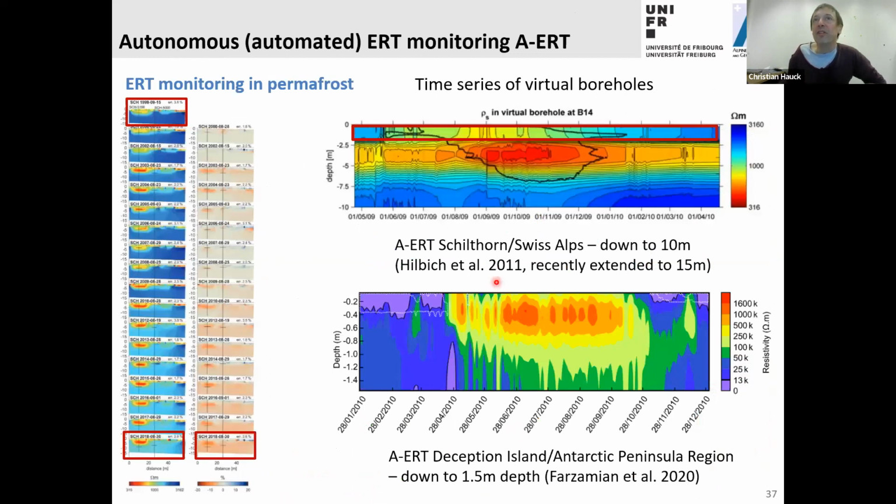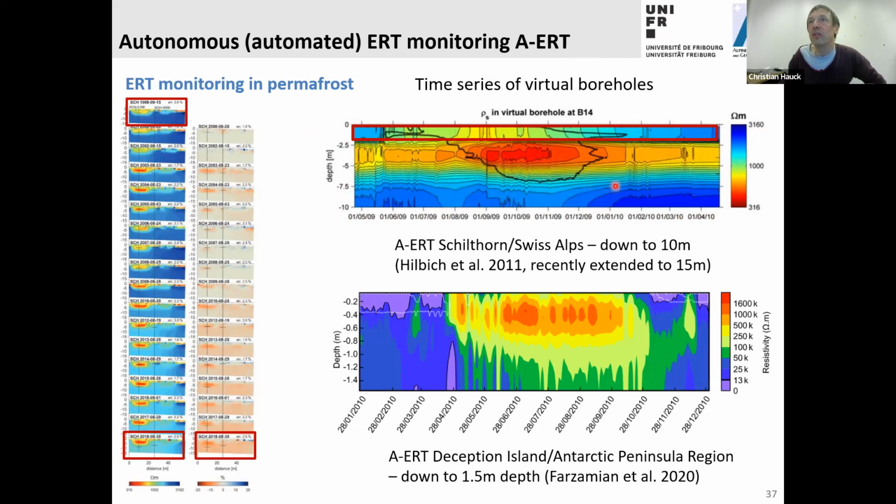Now, what's the benefit of these automated techniques? If we don't have just one measurement every year, we can really have time series now. So that's depth here, and this is 1 year. This is not temperature now, but electrical resistivity. We see very nicely that we have an area where resistivities are lower in summer and higher in winter.